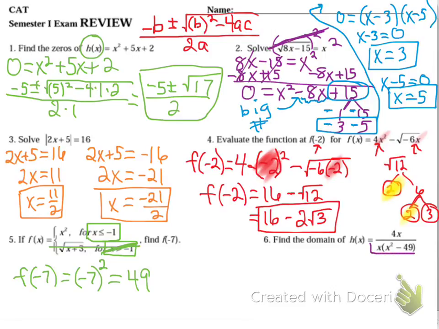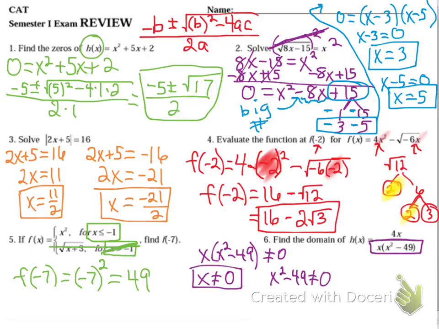But I do have that. Down here, I have a fraction. So I know that x times x squared minus 49 cannot equal 0. When I have 2 things being multiplied together equaling 0, or in our case not equaling 0, I can just take them and separate them and say they both can't equal 0.